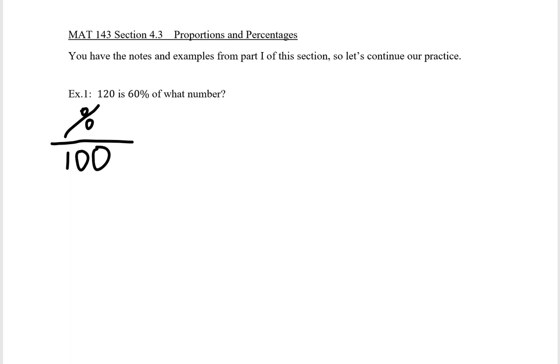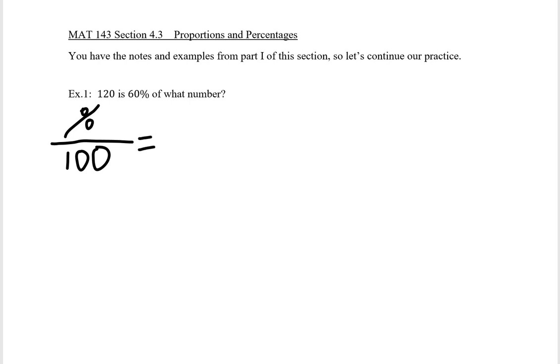So whatever number they're working with as the percentage, you put on top, and then you put 100 on the bottom, because percents are a portion of 100. So it's a fraction of 100.